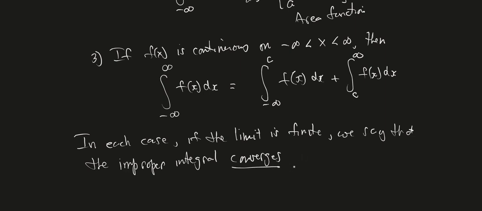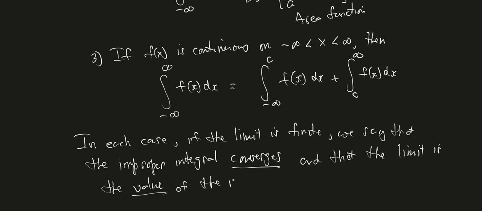And the limit is the value of that improper integral. So if, when we compute our limit, we get a number, we say that the integral converges and that the limit is the value of the improper integral.